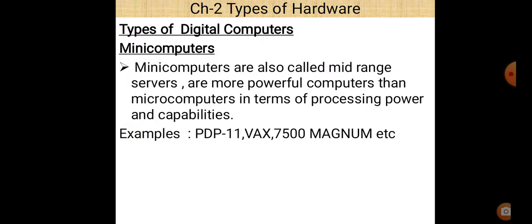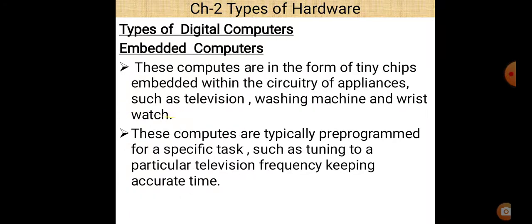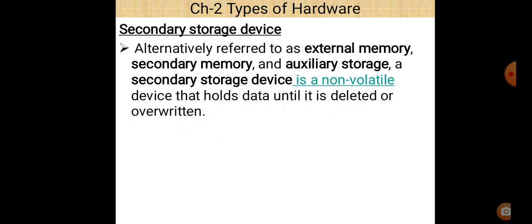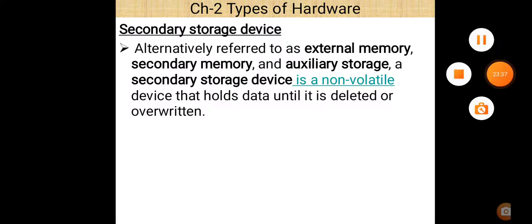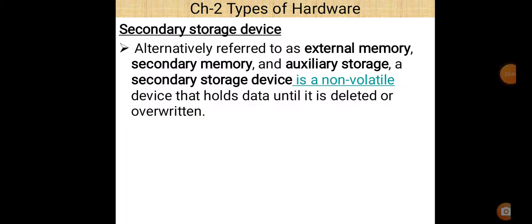Our next topic is memory. There are two types of memory: secondary storage and primary storage. As we know, primary storage is also called main memory, and secondary storage is referred to as external memory, secondary memory, and sometimes auxiliary storage. It is a non-volatile memory that holds data until it is deleted or overwritten.